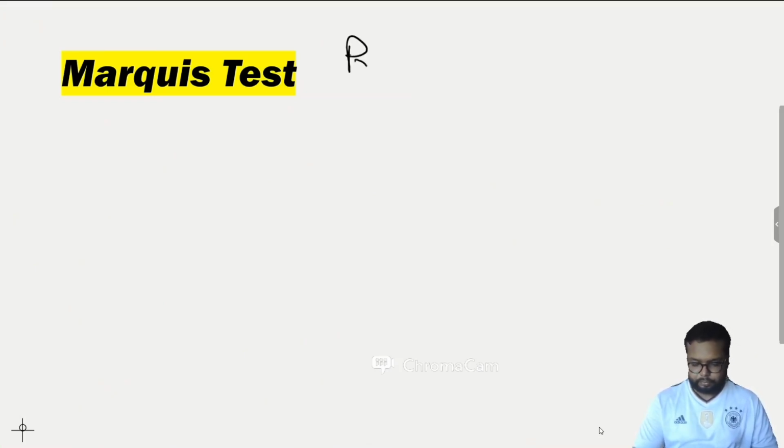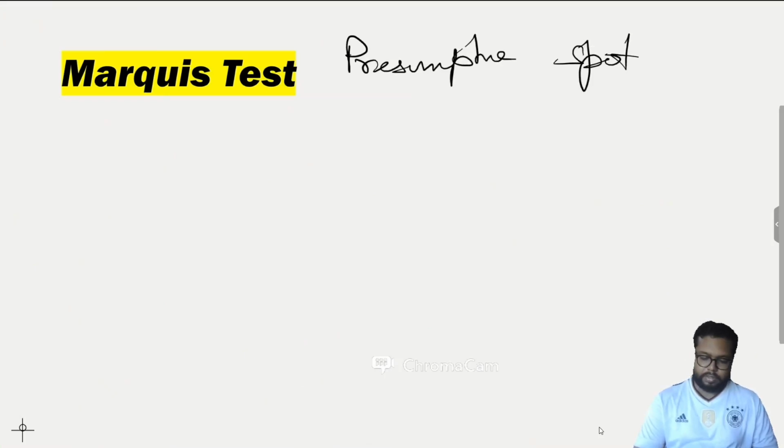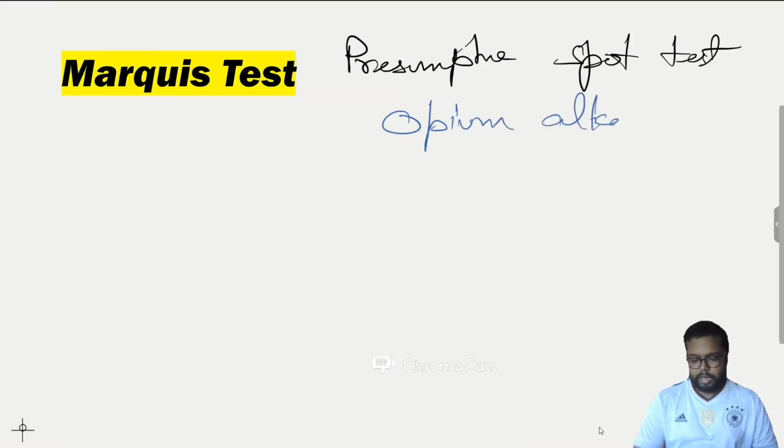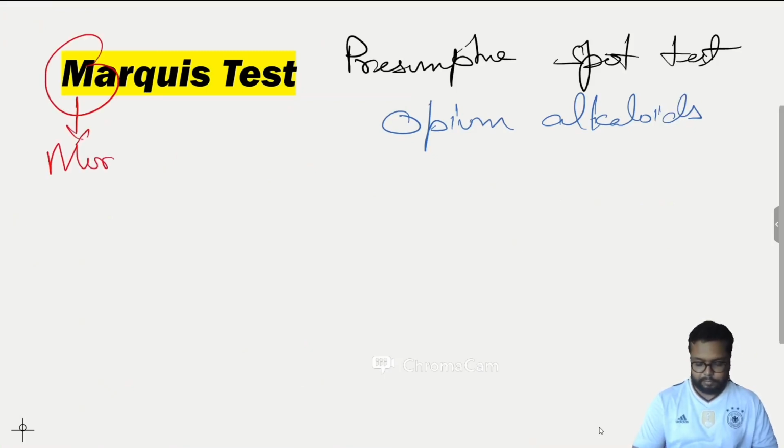And one very important bedside test is available, that is the Marquis test. So the Marquis test is a presumptive spot test for opium alkaloids. For M, you can easily remember morphine, which is an opium alkaloid.